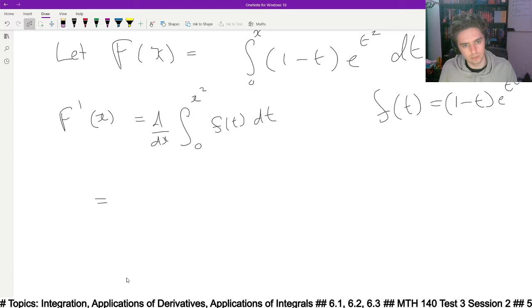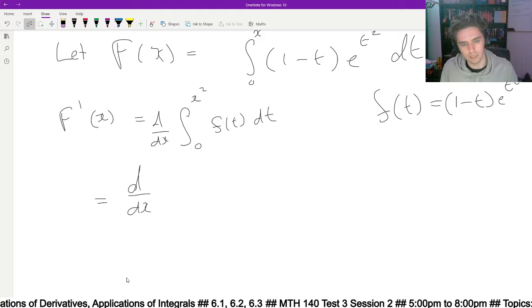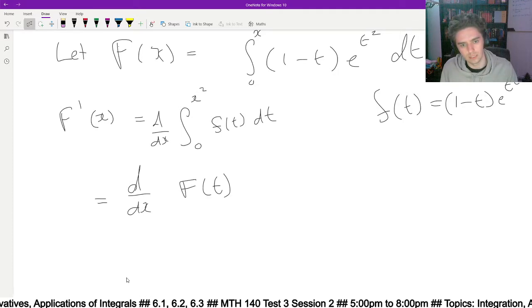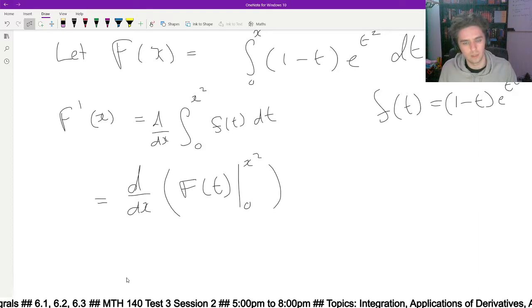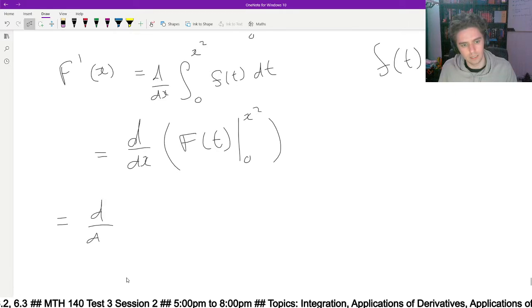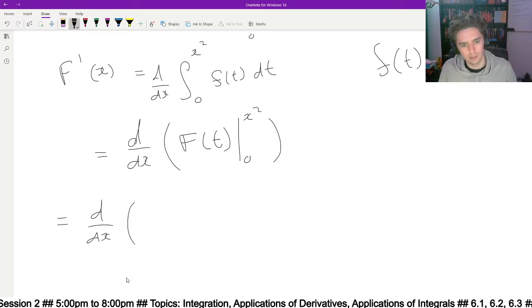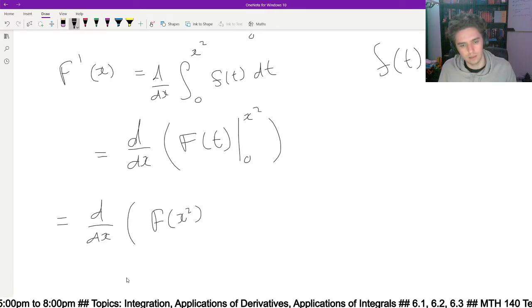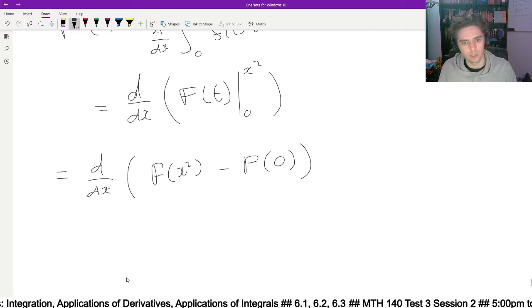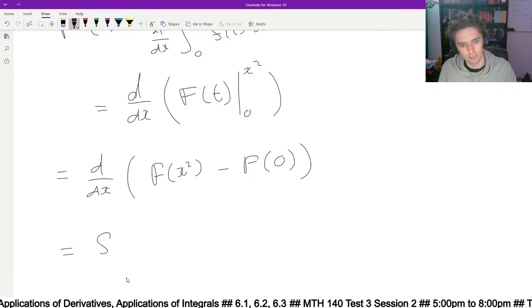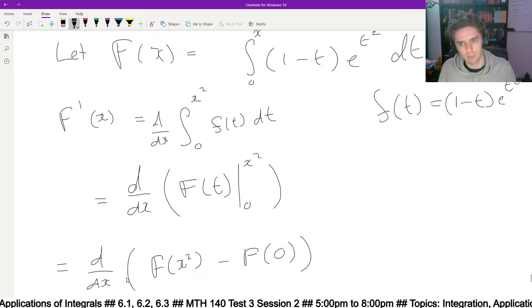Now this definite integral is the antiderivative of this, so big F of t, evaluated from 0 to x squared. So in other words, it's d by dx of big F of x squared minus big F of 0, right? We know the derivative of this is just f of x squared minus f of 0, and I can plug that in here.